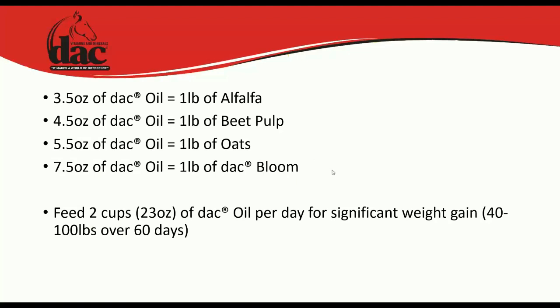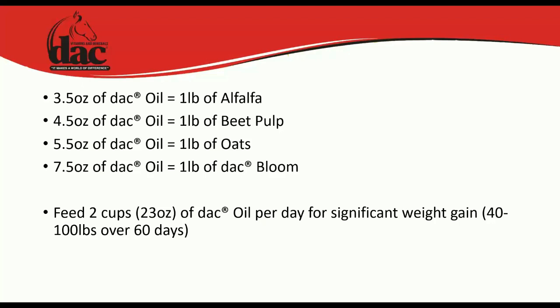This is a really good way of describing the DAC oil to a customer. If you've got somebody who's on the fence about whether they want to add oil to the diet, even if you're doing a little seminar for some 4-H kids or a local riding group, or you're at a show and you want to set up a hands-on demonstration, get a little kitchen scale or even just a little measuring cup and measure out 3.5 ounces of DAC oil.